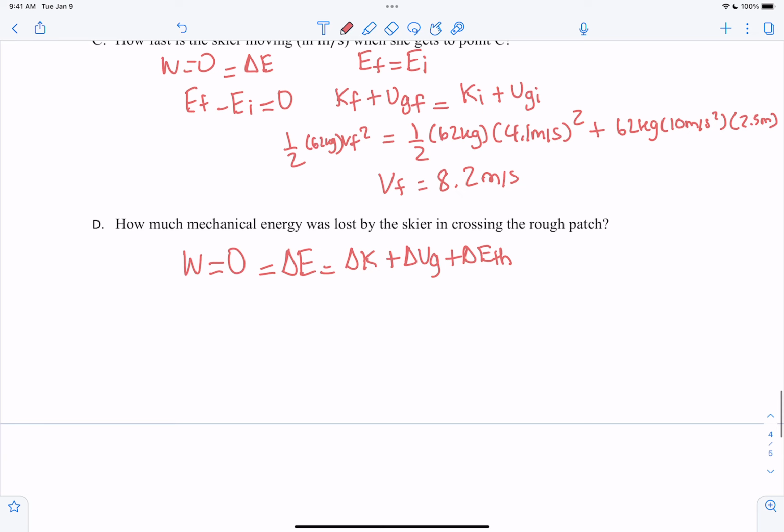So at that point, your EF minus EI is equal to 0. So EF is equal to EI. Our final should be all kinetic, right? We don't have to factor in the gravitational potential energy since there wasn't a real change to it.